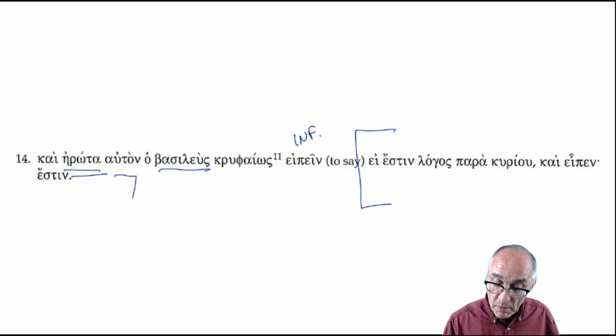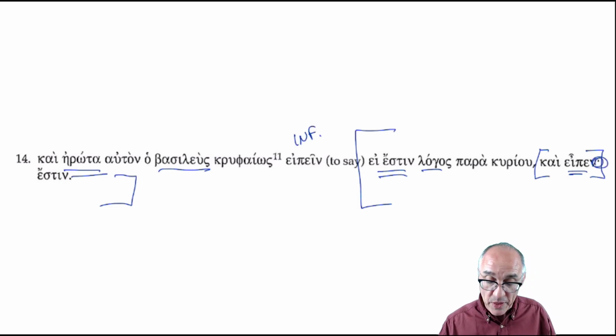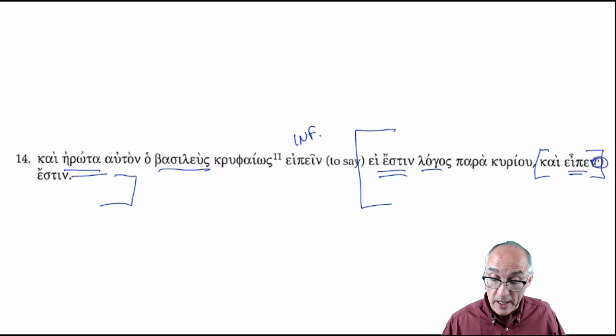And so that's a unit here. Esten logos, all right. Kai. Oh, so this is another little unit in there. Kai epen. A little helpful hint there. Lots going on again.